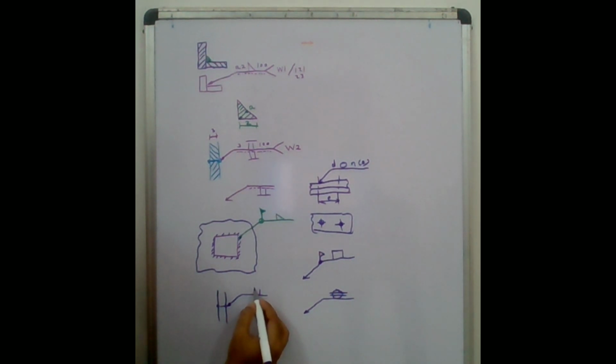So we mention it like this, and then here we can mention like this. So this is for a back seal or a backing run in welding.